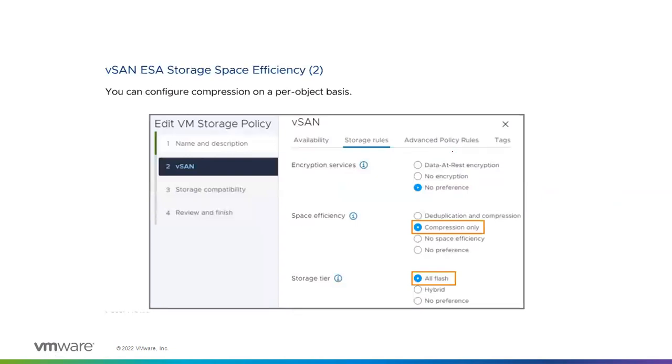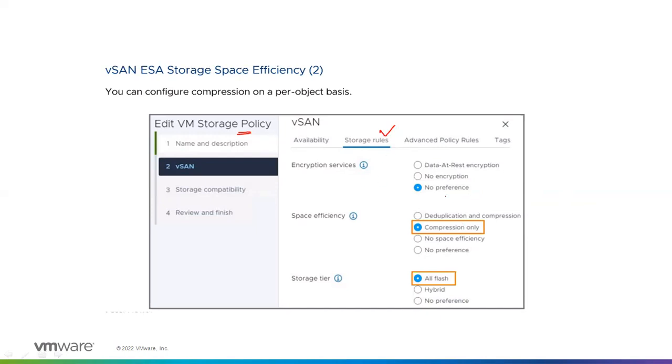Second, you can configure compression on a per-object basis as well. What does it mean? Per object means I can select particular objects once I enable it. So here this is my VM storage policy, and in the storage policy I am making a kind of storage rule.